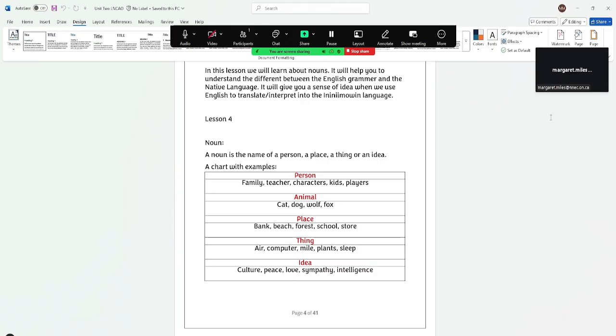We are going to be going through more examples as we go through the lesson of types of nouns, examples, and assignments.